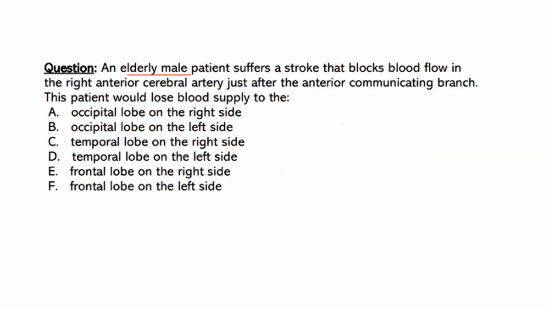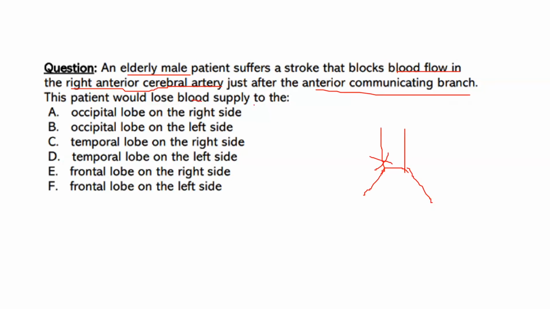An elderly male patient suffers from a stroke that blocks blood flow in the right anterior cerebral artery just after the anterior communicating branch. So we have the two anterior cerebral arteries, and then this is the sulcal volus. We have a blockage here.